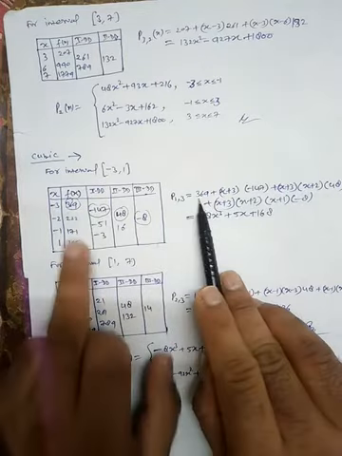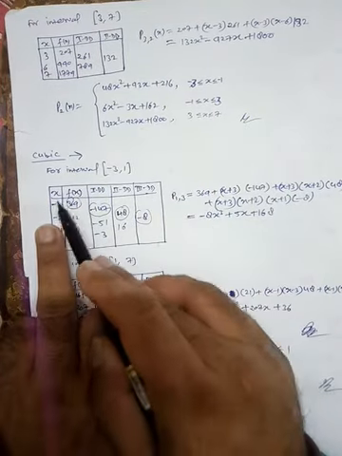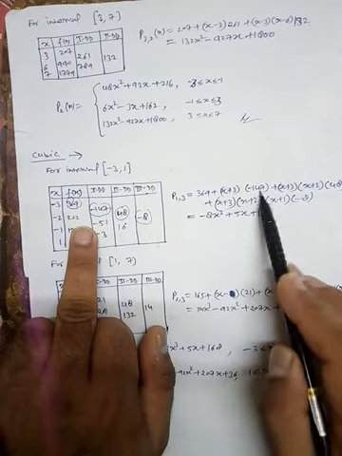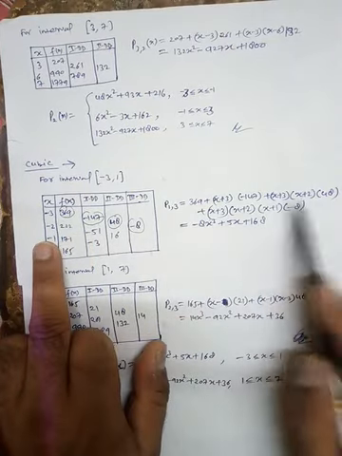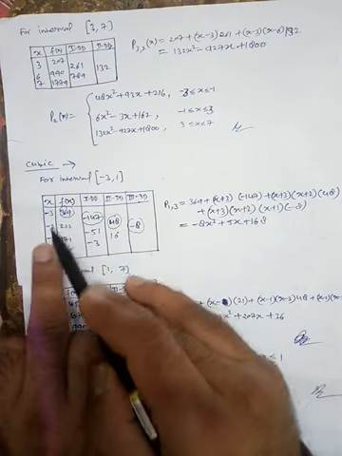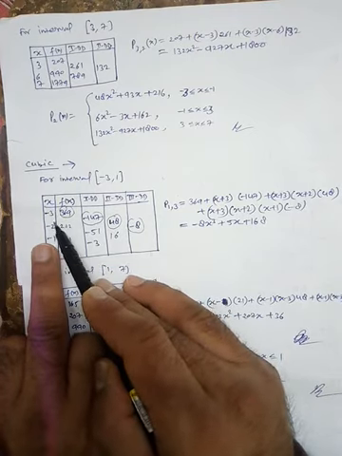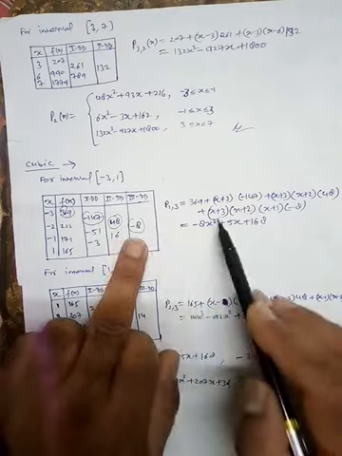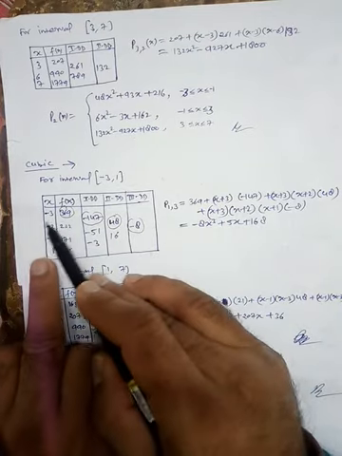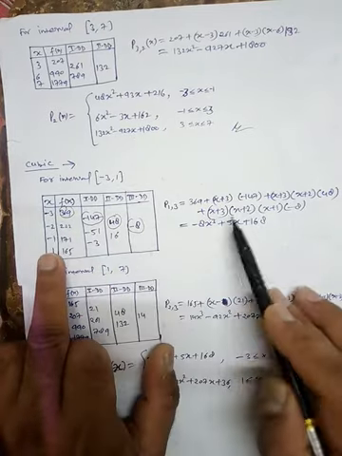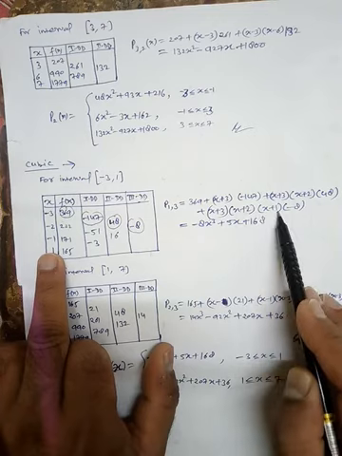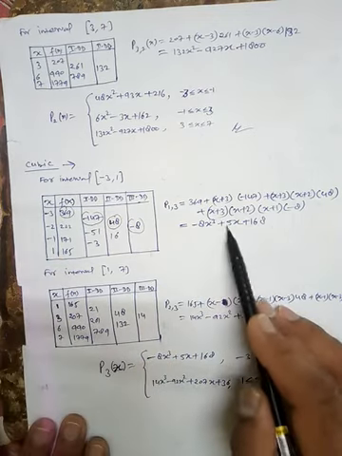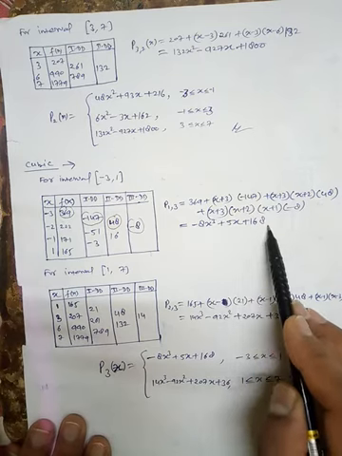First is 369, then (x minus minus 3) multiplied by minus 147, plus (x minus minus 3) multiplied by (x minus minus 2) and the value 48, and then the last one is (x minus minus 3)(x minus minus 2)(x minus minus 1), so x plus 3, x plus 2, x plus 1, multiplied by minus 8. After solving this we get minus 8x cube plus 5x plus 168.